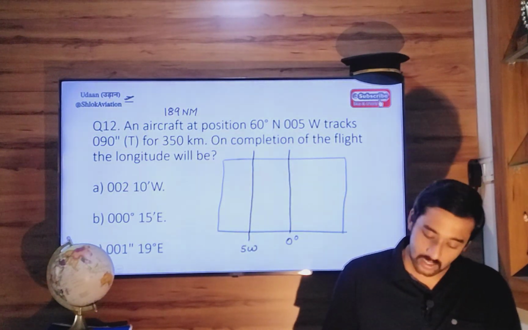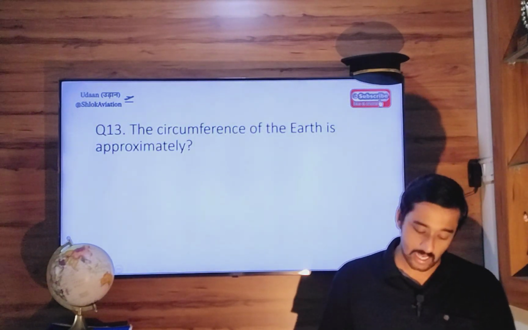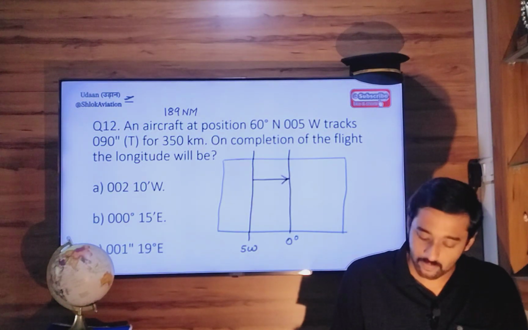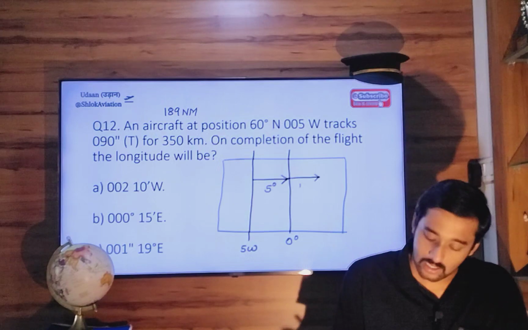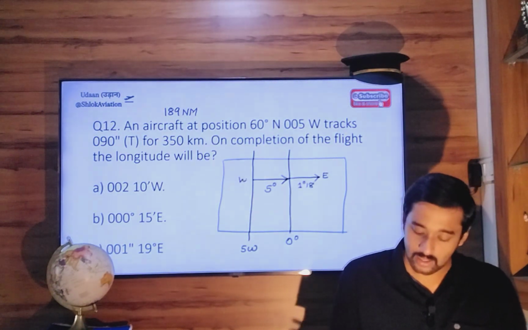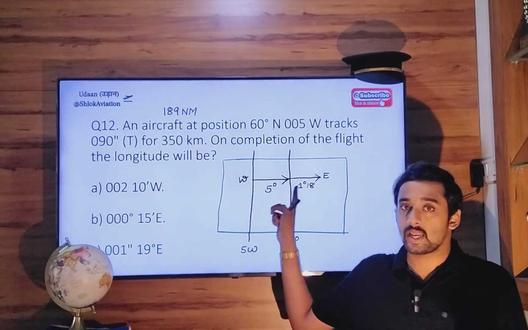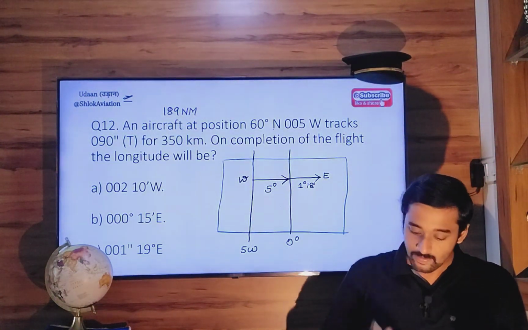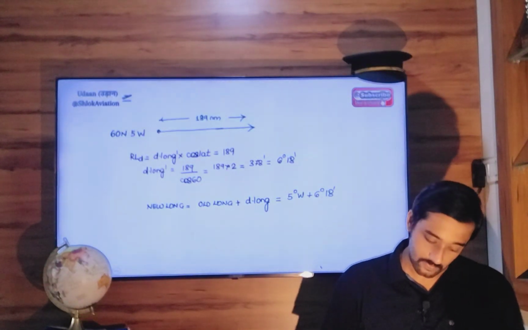Now if you see, D long is 6 degree 18 minutes, that means 5 degree this much and another 1 degree 18 minutes in the eastern hemisphere, correct? Total D long is 6 degree 18 minutes. So 5 degree in the western hemisphere, remaining 1 degree 18 minutes in the eastern hemisphere.